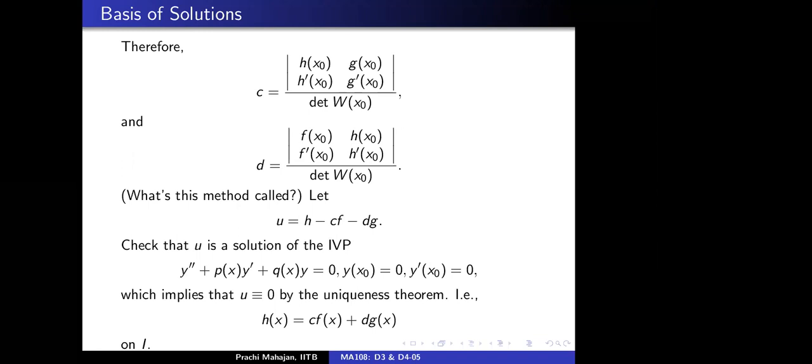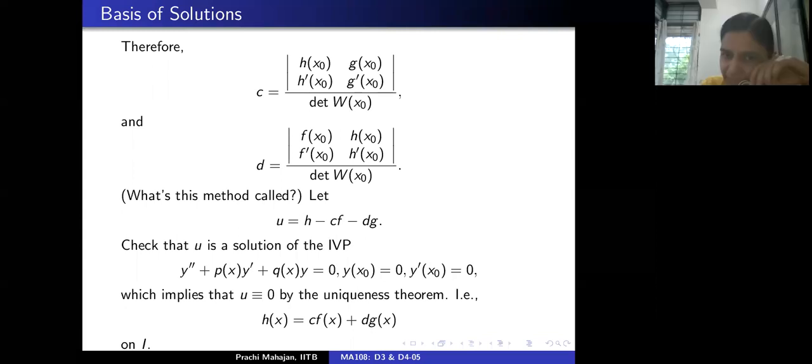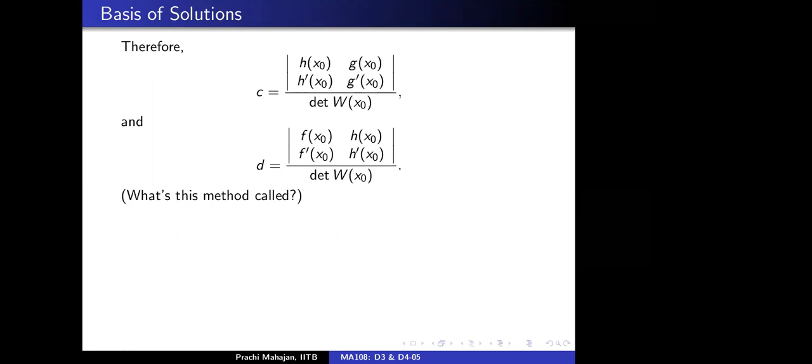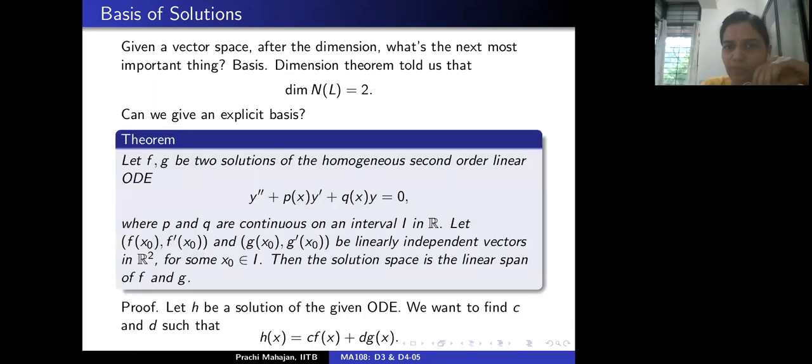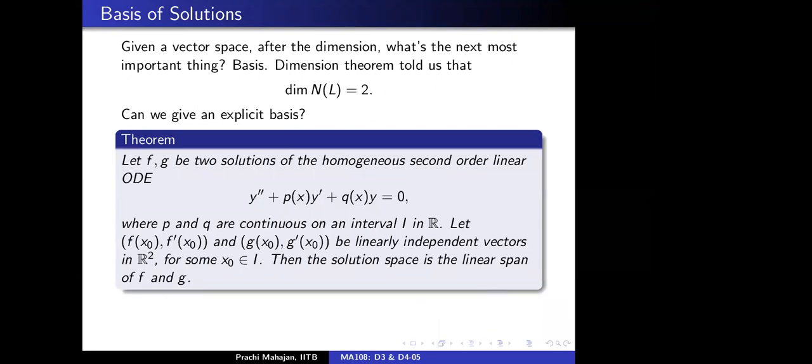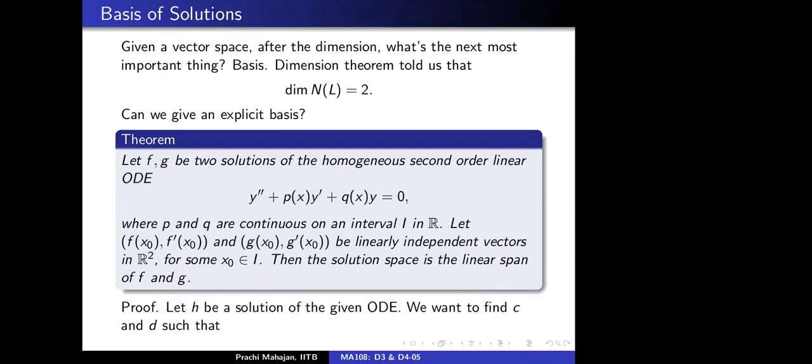Anything else? Is everybody with me up till this point? Ma'am, this is only for some x naught belonging to I, right? Correct. So not for all the elements in I. Yes, you need information only at one point of the interval I. So we can't write h of x equal to c times f and so on for all x, right?